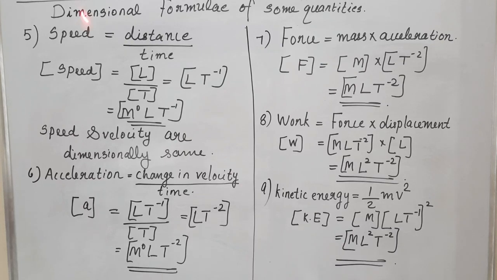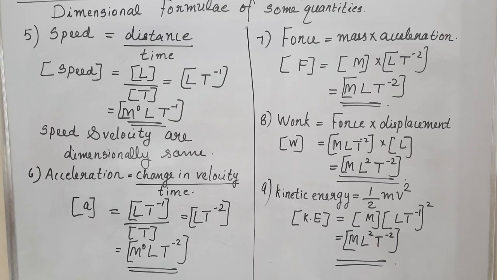Now next physical quantity, speed. Speed, as you know, it is distance by time. So L by T, so L T raised to minus 1, M raised to 0, L, T raised to minus 1. So we got the same as for velocity also. So we can make a conclusion here, that speed and velocity are dimensionally same.